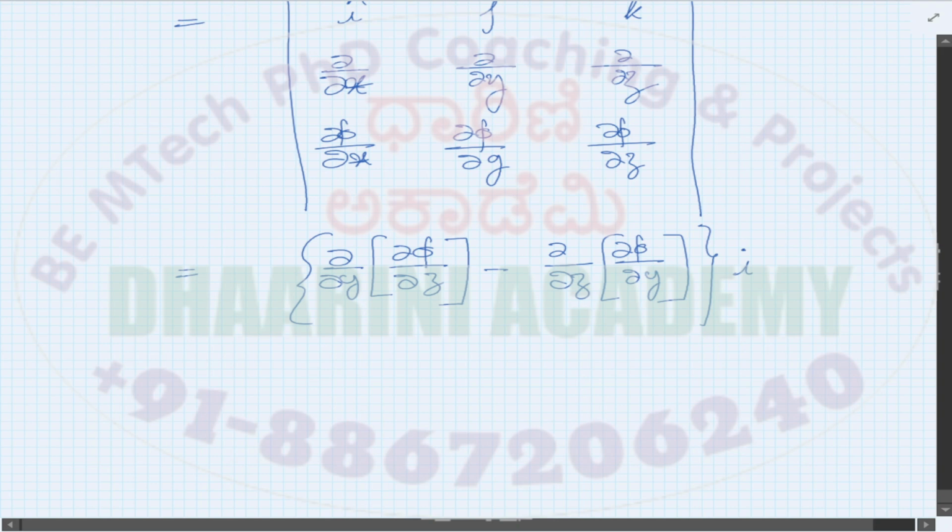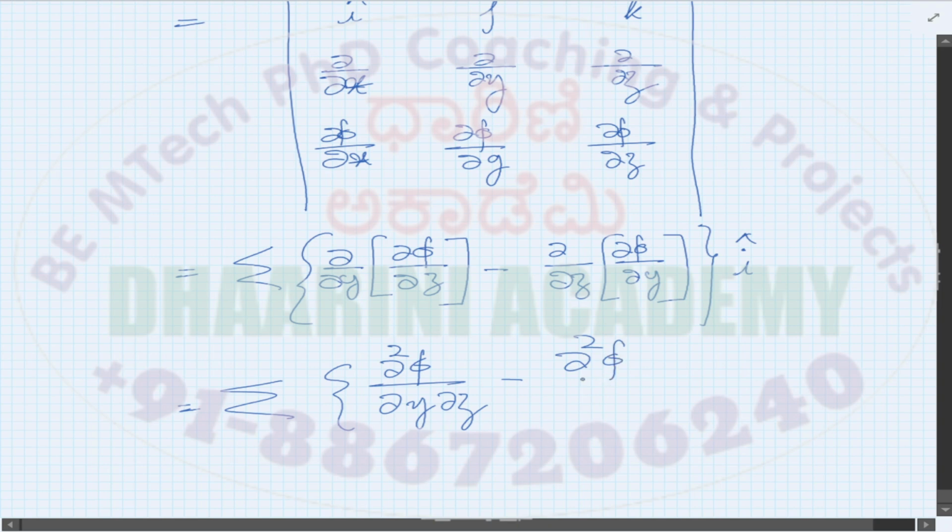Now, instead of expanding this further, we can simply write a summation, in the sense that you will do the same thing repeatedly. Applying dou by dou, this is dou square phi by dou y dou z, partial differentiation twice, minus once again dou square phi by dou y dou z, into i cap.